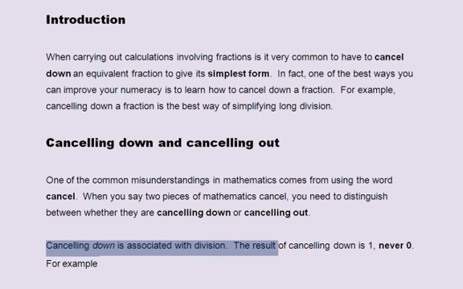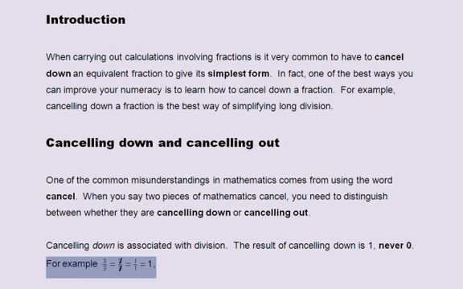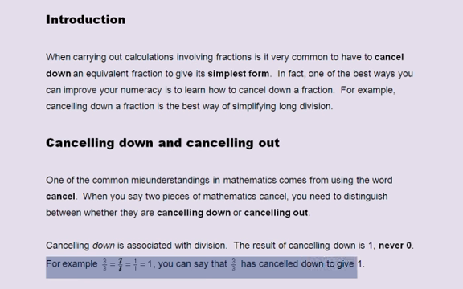The result of cancelling down is 1, never 0. For example, 3 divided by 3 has a 3 on the top and the bottom of the fraction, which can be cancelled down. This gives 1 divided by 1, which equals 1. You can say that 3 divided by 3 has cancelled down to give 1.